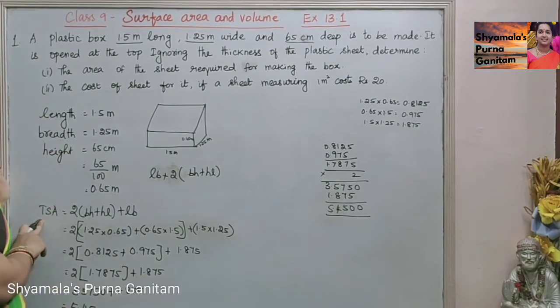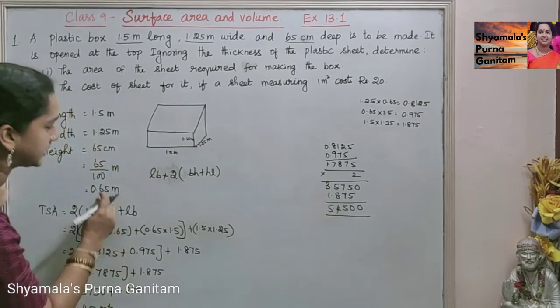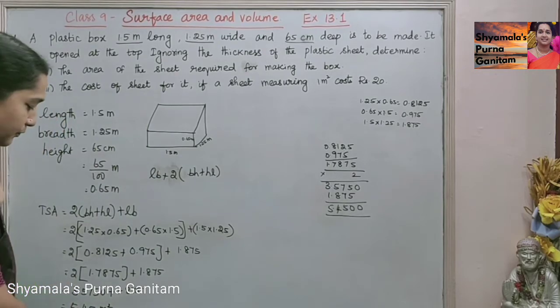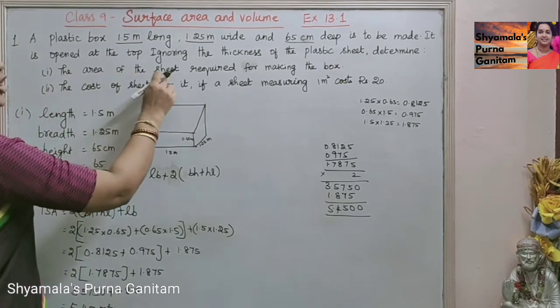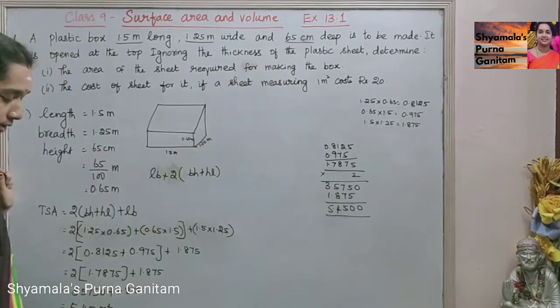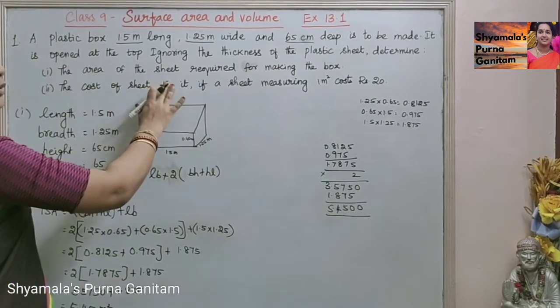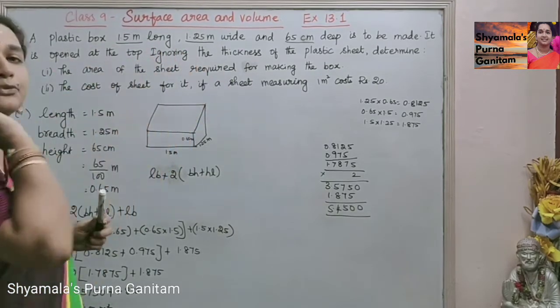Since this is the total surface area, the unit will be meter square, as the dimensions are given in meter. So the total surface area will be 5.45 meter square. This is the answer for the first question, the area of the sheet required for making the box.